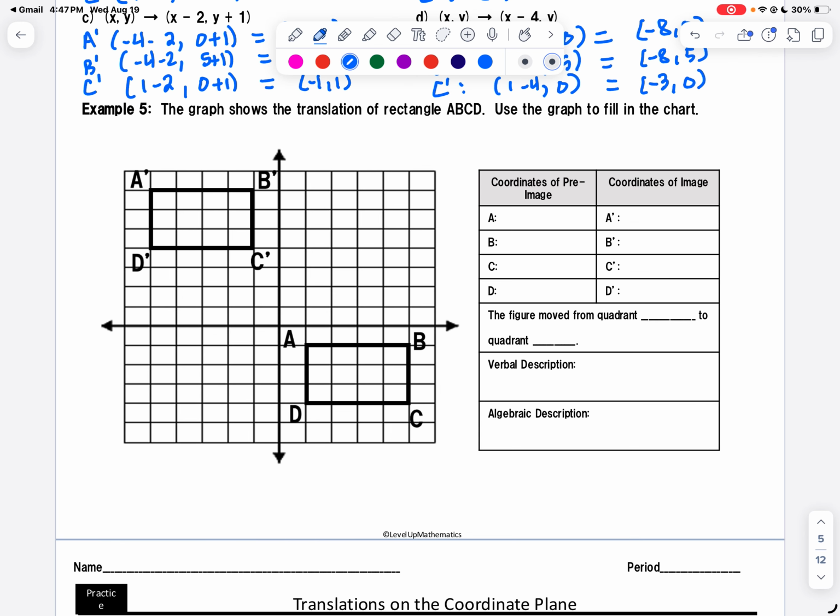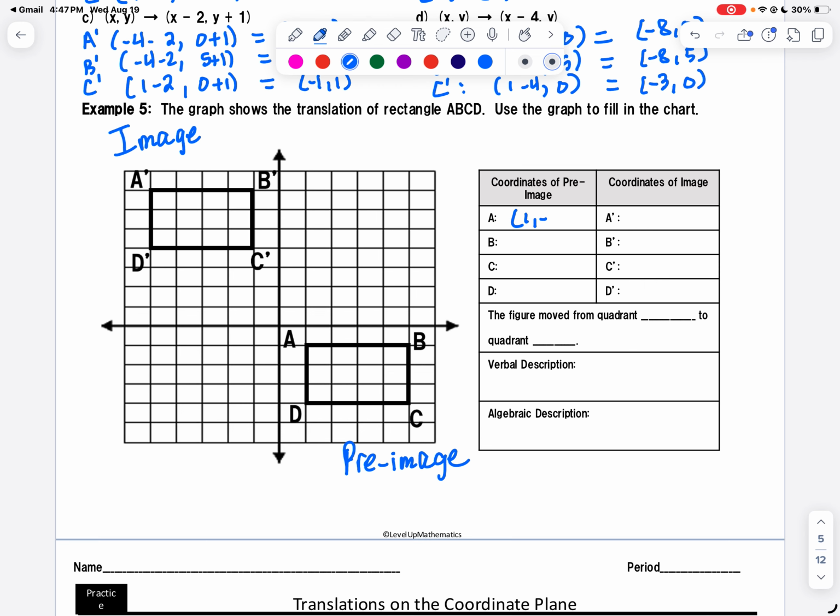So note that this is our pre-image, or our original shape, and this is our image, or our new shape, A prime, B prime, C prime, and D prime. All right, so they want us to give the coordinates of the pre-image. So point A, if I'm starting at 0, 0, I'd have to go right 1, down 1.